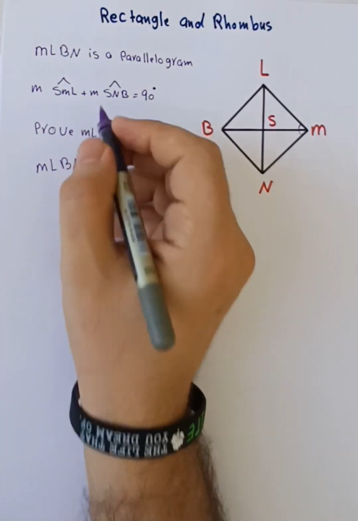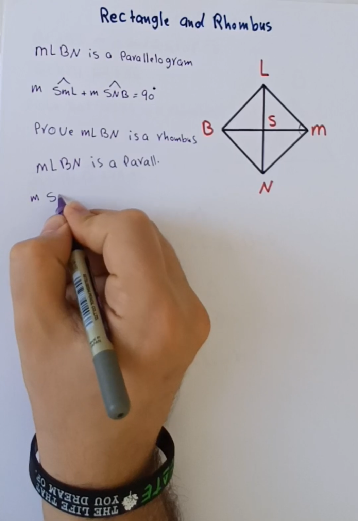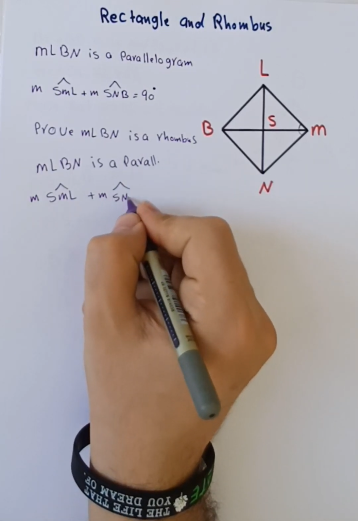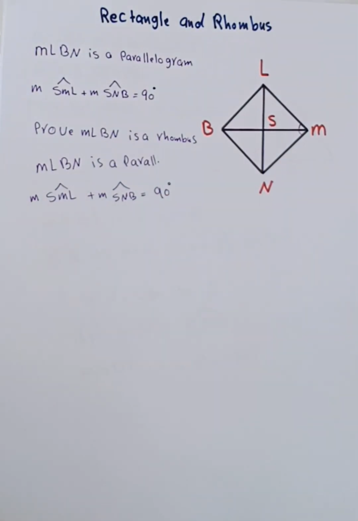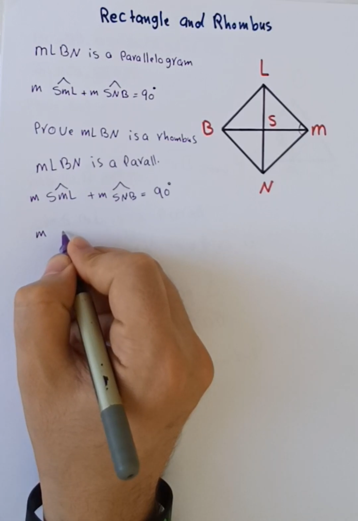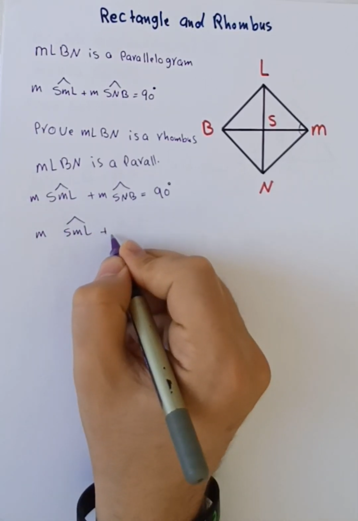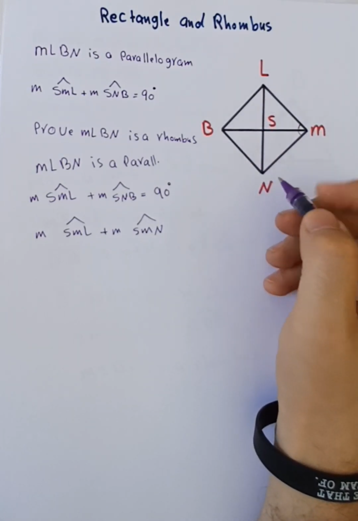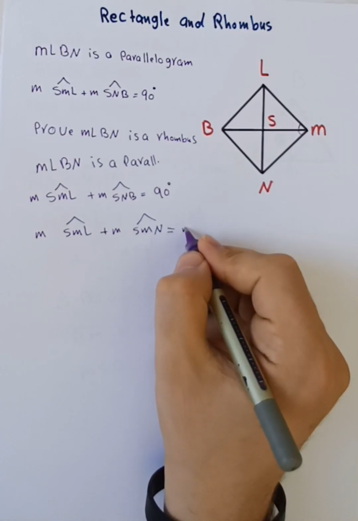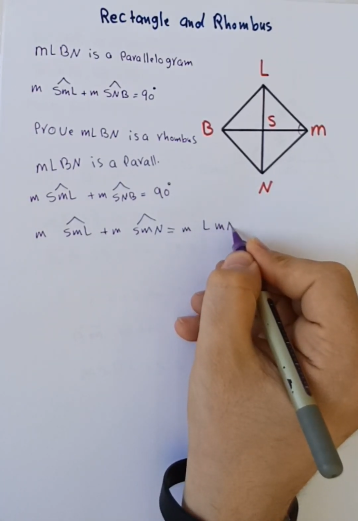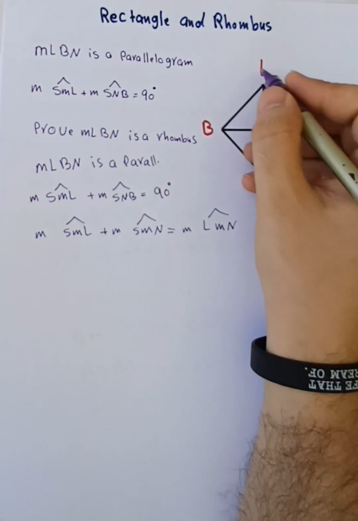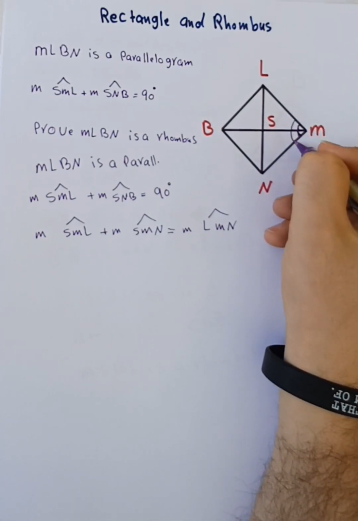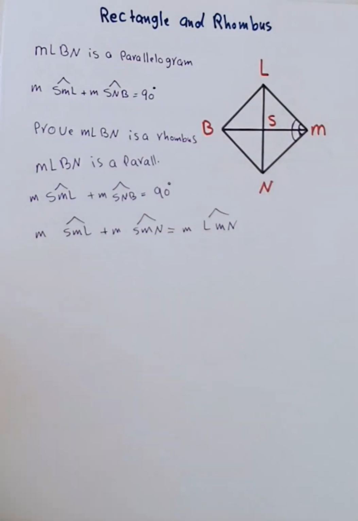The measure of angle SML plus the measure of angle SNB equal to 90 degrees, and then the measure of angle SML plus the measure of angle SMN equal to the measure of the big angle LMN.